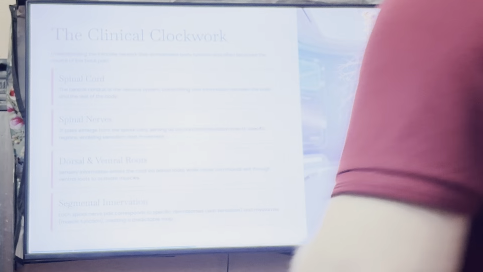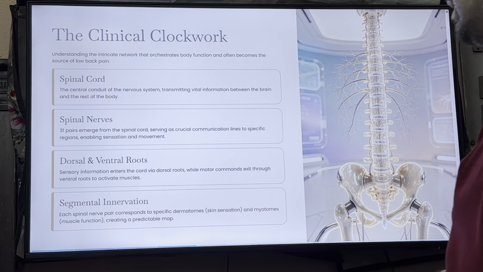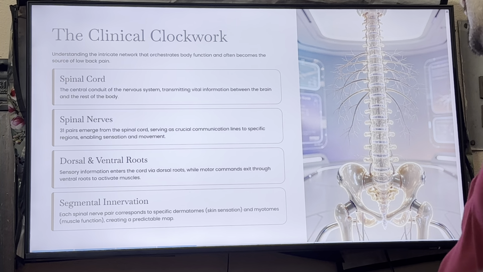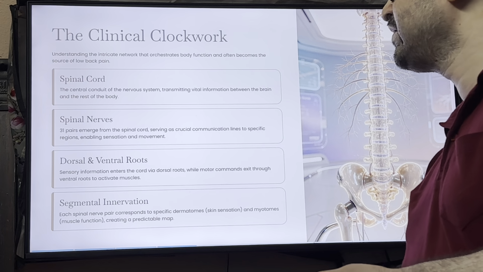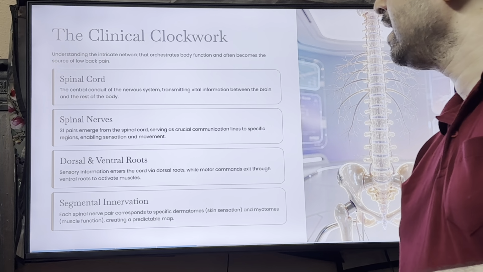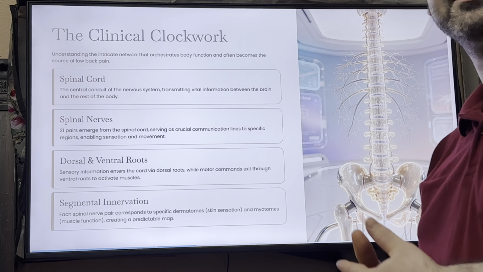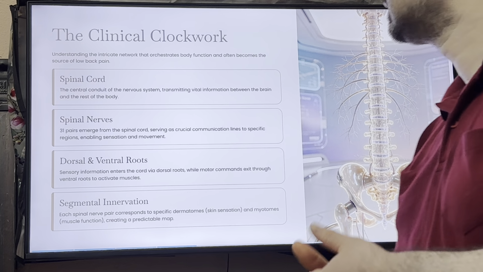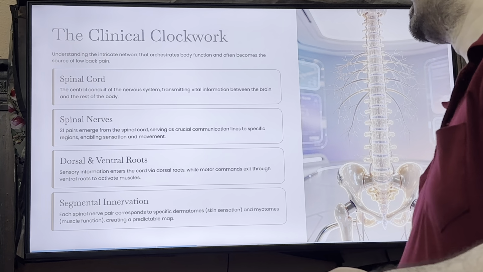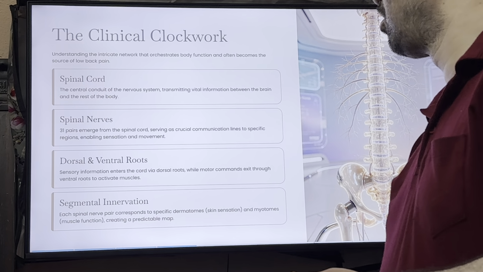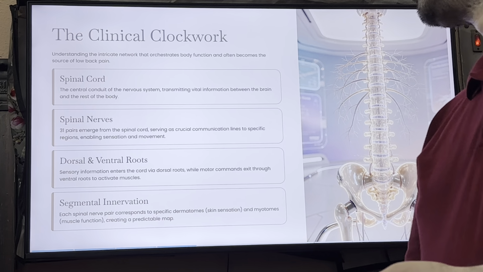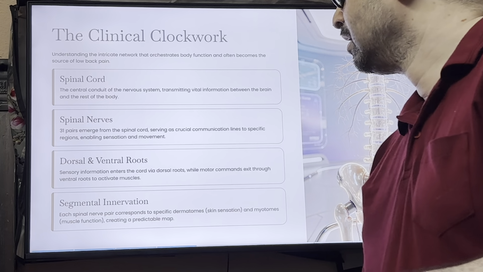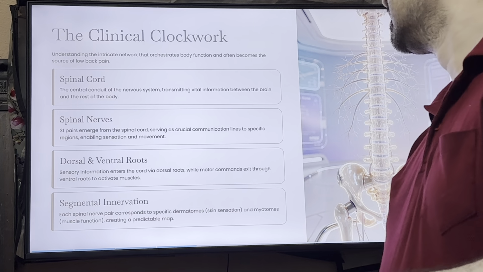Spinal nerves: 31 pairs emerge from the spinal cord, serving as crucial communication lines to specific regions, enabling sensation and movement. Dorsal and ventral roots: sensory information enters the cord via the dorsal root, while motor commands exit through the ventral roots to activate muscles.